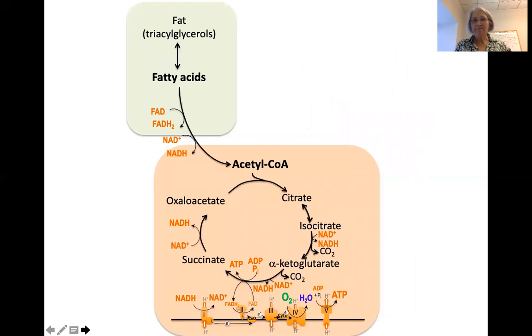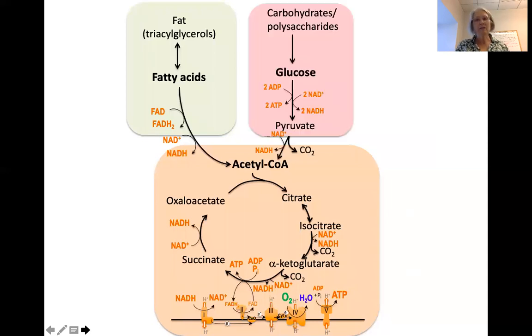Okay, so that's fatty acid oxidation, which I'm simplifying here, to the TCA cycle, to the electron transport chain and ATP synthase. All right, so we can also oxidize glucose, and I'm showing here glucose and simplified the process of glycolysis to pyruvate.